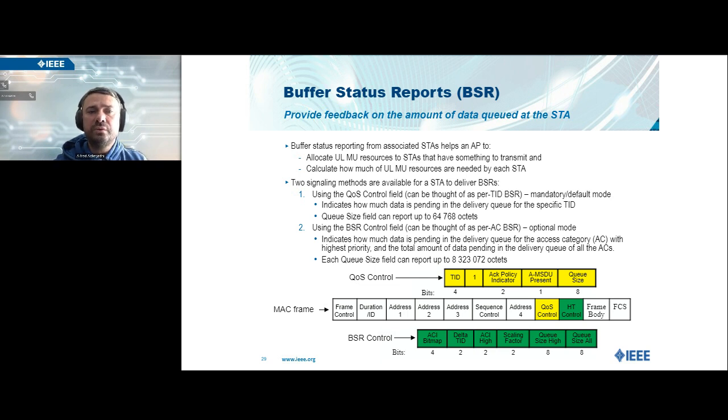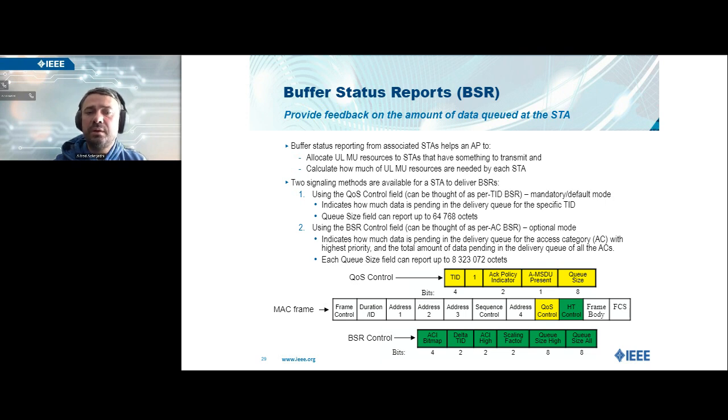The difference between the two is first the amount of information that it can carry, because the queue size is only 8 bits, and the BSR contains 2 queues, each of them with 8 bits. And the QoS control is on a per TID basis, so you can report the buffer status for each TID, but no more than one in the same MPDU.